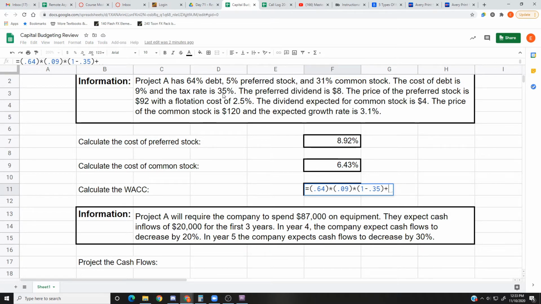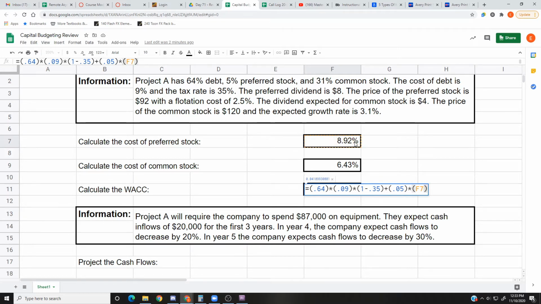Plus, now the second section. The second section is the cost of preferred stock times the weight of it. So times the weight first. It's 5%, not 0.5, that's 0.05. Times, and now we're going to put in the cost of preferred stock, and that comes from this first box here. So I'm going to click on that box.